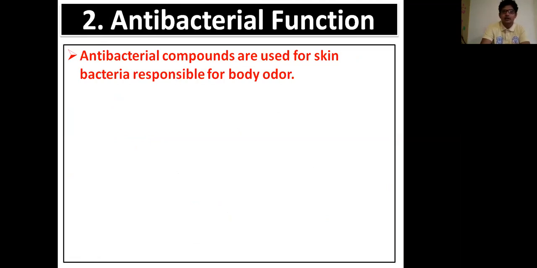So in this second function, antibacterial compounds are added in deodorant or antiperspirant so that the bacteria which are responsible for production of this odor will be killed or their production will be stopped. This way antibacterial compounds are used for skin bacteria responsible for body odor.